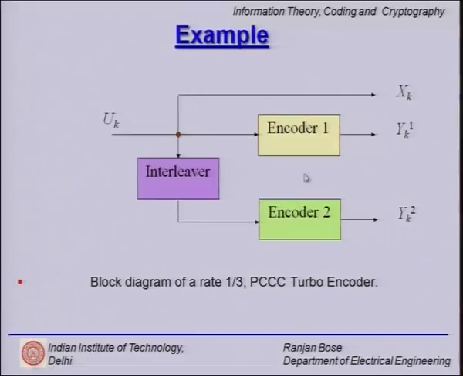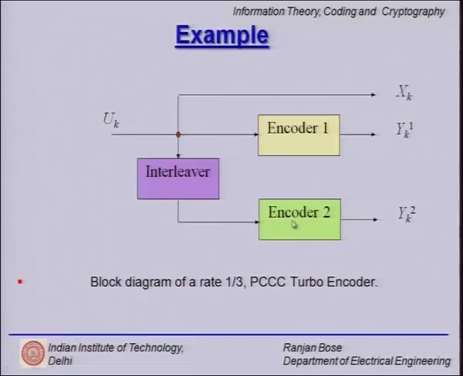Both encoder 1 and encoder 2 are convolutional encoders, very hardware friendly, and we have output coming from encoder 2. These three, so it is some kind of a systematic code. You can say that the input has 2 parity symbols coming out from encoder 1 and encoder 2, and this together forms the output of this turbo encoder.